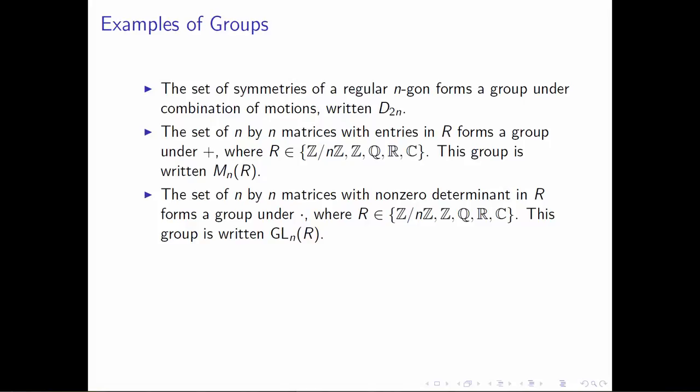Now in this case, if we're talking about this set of square matrices where the operation is multiplication rather than addition, and we're talking therefore about matrices that have a non-zero determinant, then we will talk about this group and refer to it as GL sub n of R. And the GL stands for general linear group with entries in the set R.